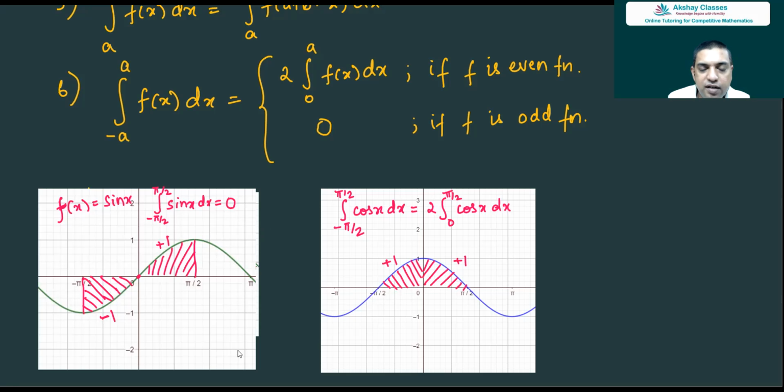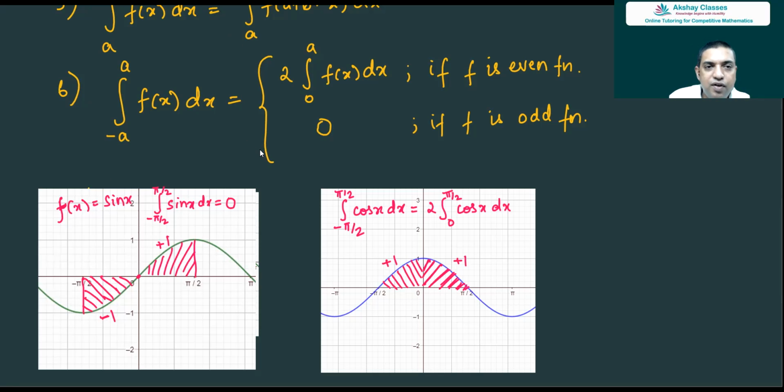So 1 plus 1 equals 2. This total from minus pi by 2 to pi by 2 is the same as twice of 0 to pi by 2 cos x dx. It is twice of this portion. Clear? So this is about even and odd.